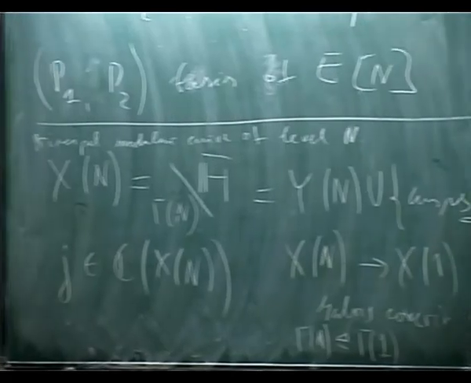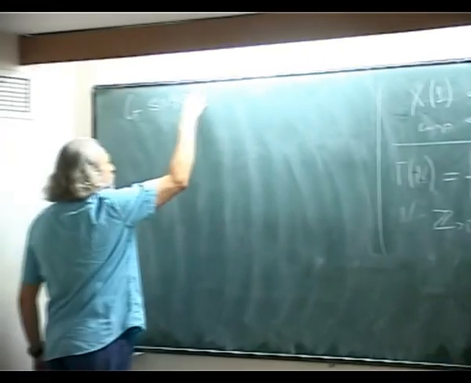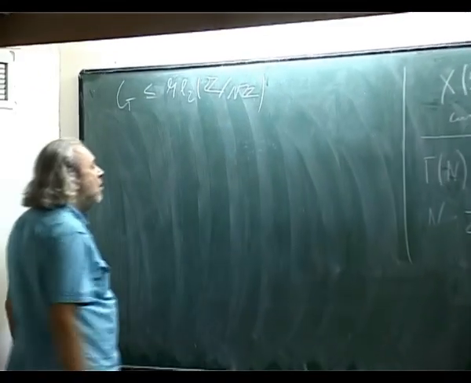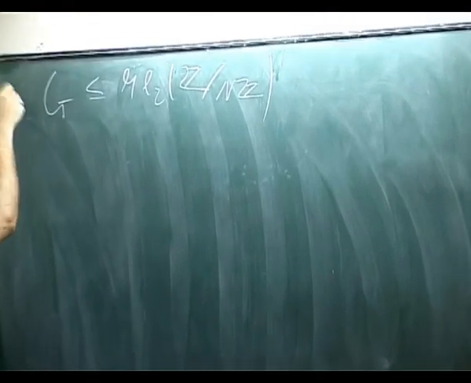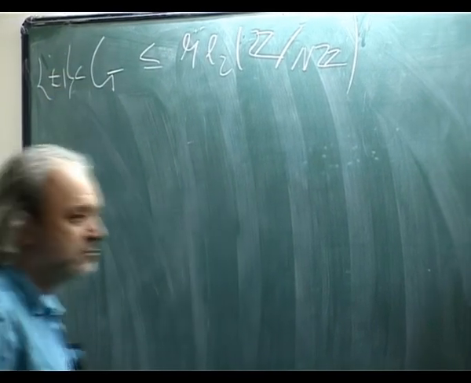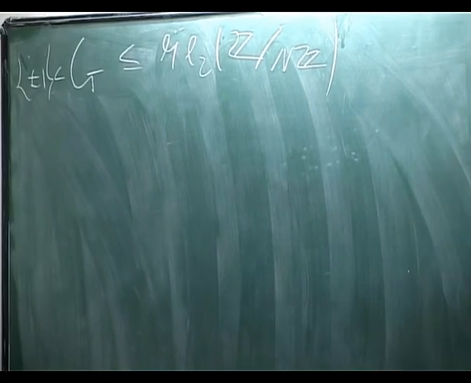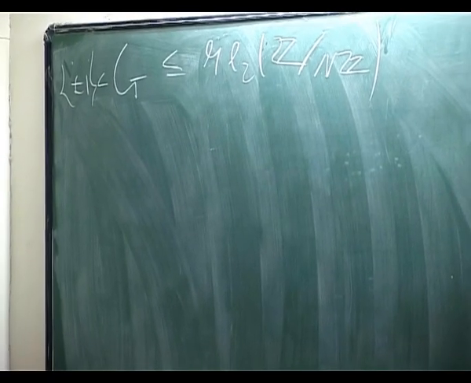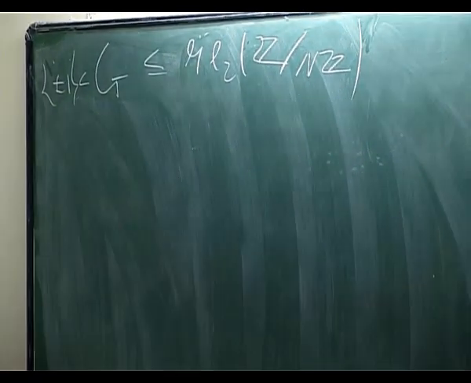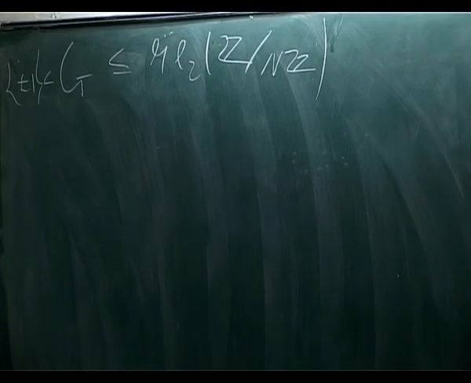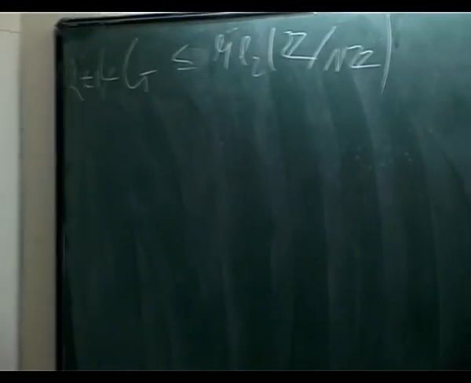Good. Now assume that we have a subgroup G in GL2 of Z over nZ, which contains plus minus 1. To be specific, I must take a subgroup in the quotient group, but it's easier to take a subgroup here, assuming that it contains plus minus 1 to simplify life.